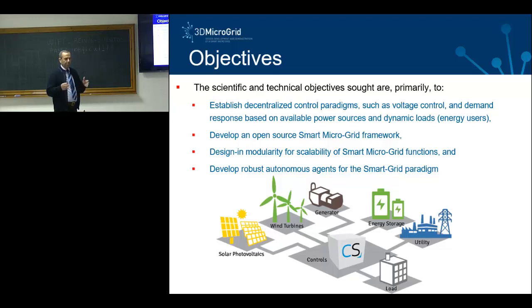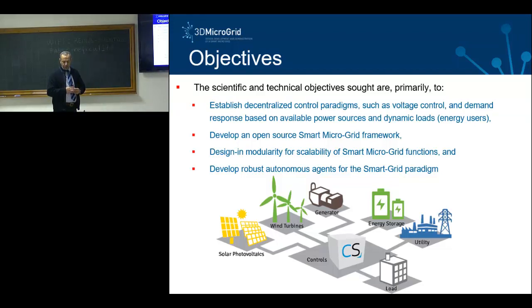And because we're using software, we want to introduce and develop an open source smart microgrid framework. So this is a project that we want to introduce to the communities. Hopefully by the end we have a piece of software that we can launch and put out for the communities to use.